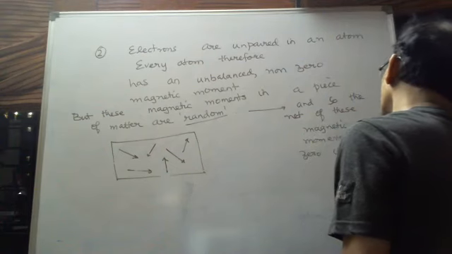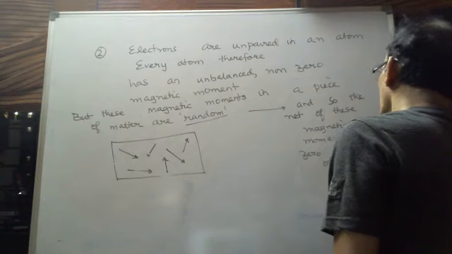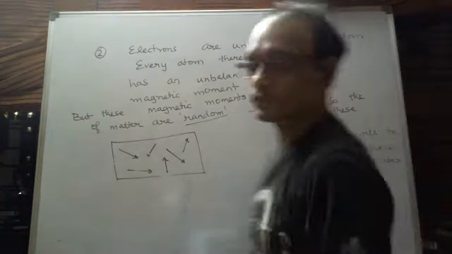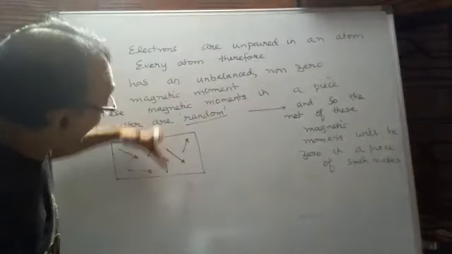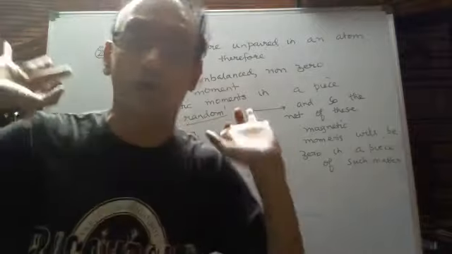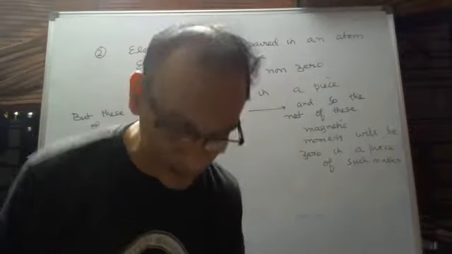In a piece of such matter, every atom has a non-zero magnetic moment, but the net magnetic moment is zero before an external magnetic field is applied.